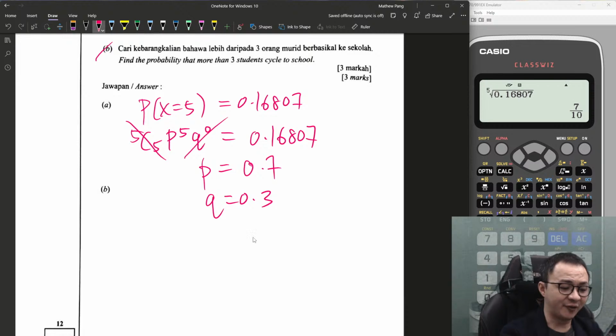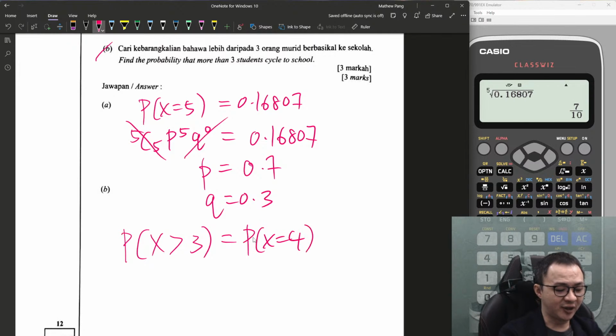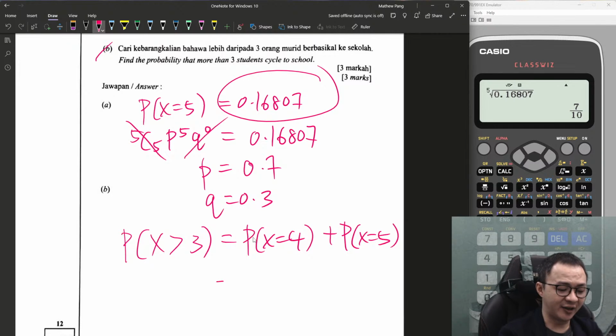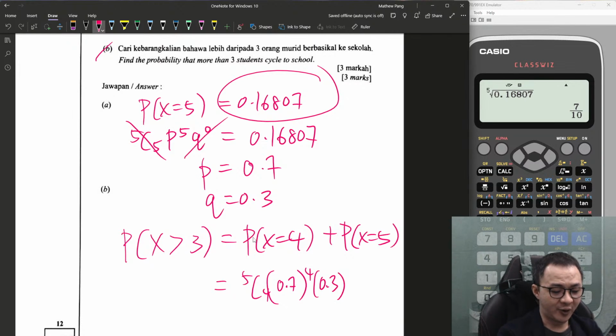I'm going to find the second one. The probability that more than 3 students cycle. More than 3 students basically means 4 students and 5 students, right? And 5 students I already got. So I just need to find 4 students, which is 5C4, 0.7 to the power of 4, 0.3 to the power of 1, plus 0.16807.